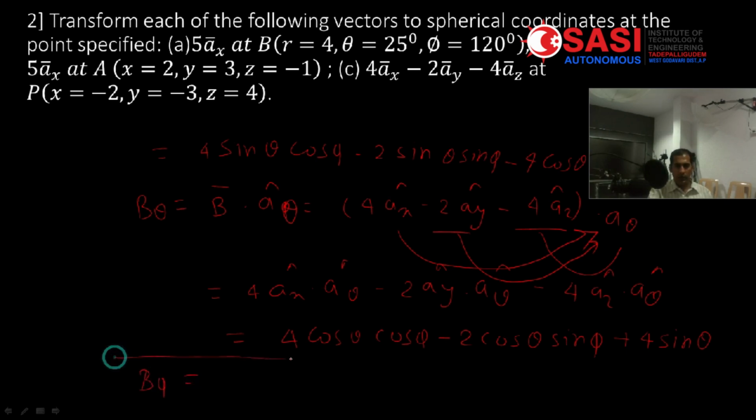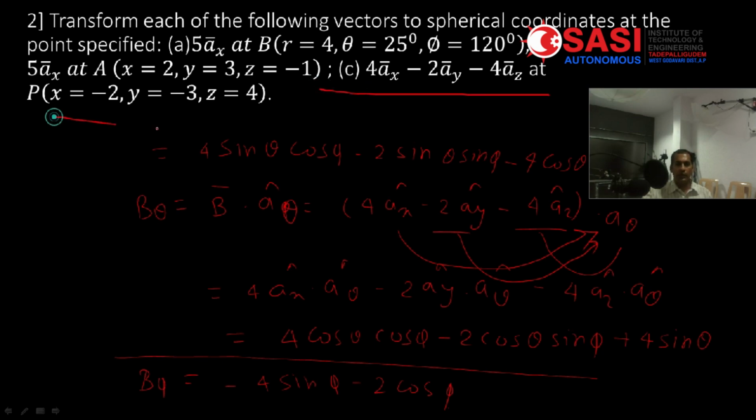So I will write the direct solution for B phi. So B phi in a similar way we will get as minus 4 sin phi minus 2 cos phi. So like this we can find out the solutions. Similarly, you can solve the remaining parts by using the same methods.